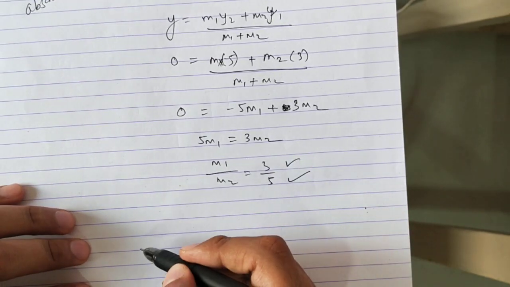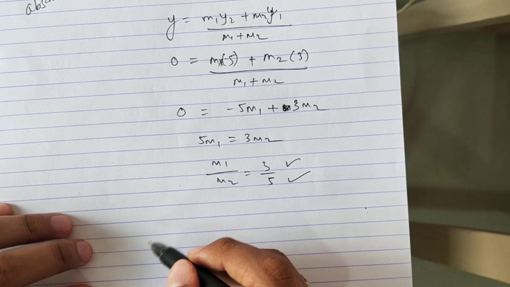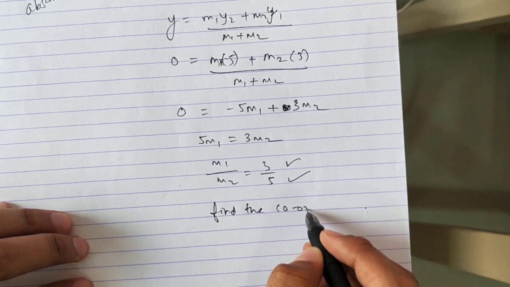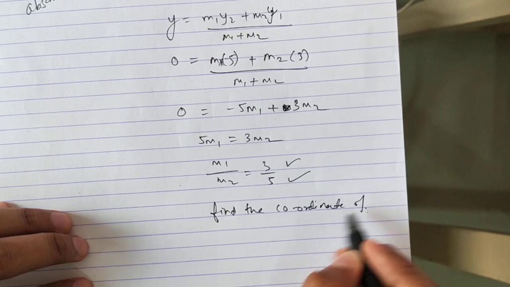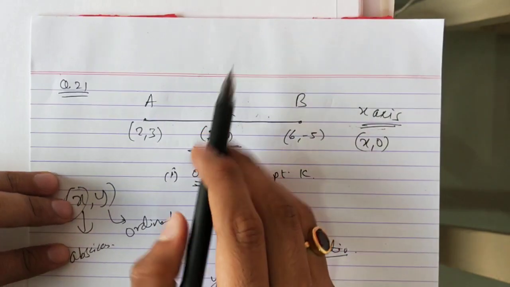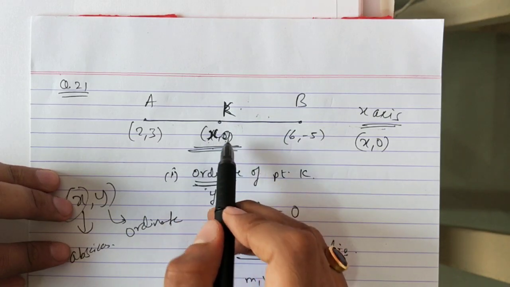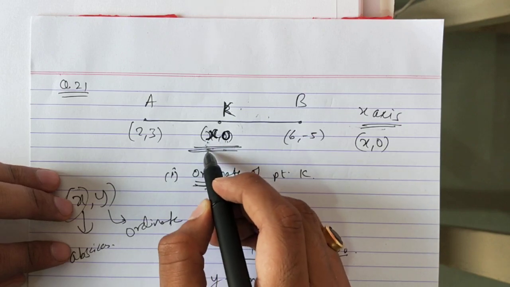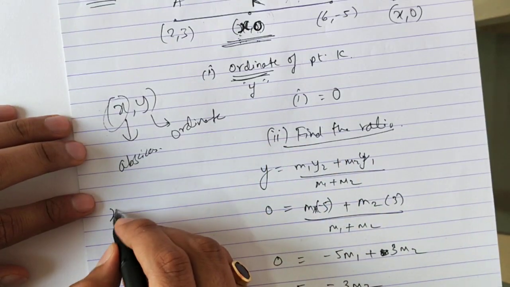I found the ratio. Once I found the ratio, they have told me to find the coordinates of K. Coordinates of K means, here is the point K, x comma 0. The y value is already known, 0. Now I want to find this x also. So I'll use the formula of x.